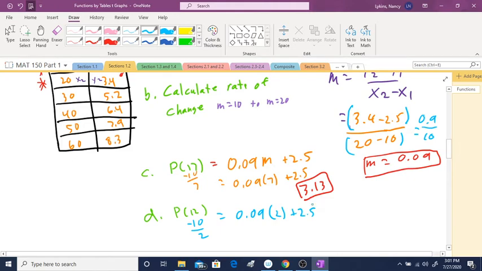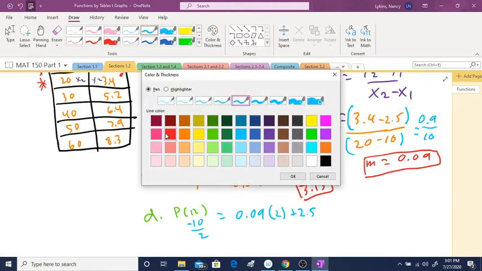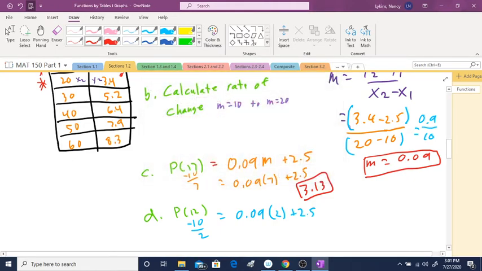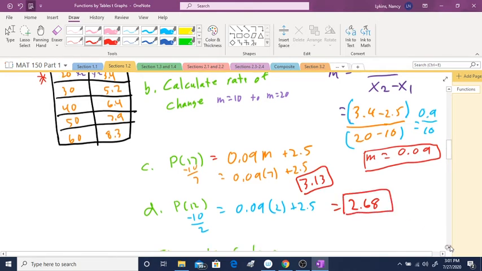Still going to use my 2.5. And once you do this, you get 2.68. Let me make that a little bit better. It's 2.68. Okay?